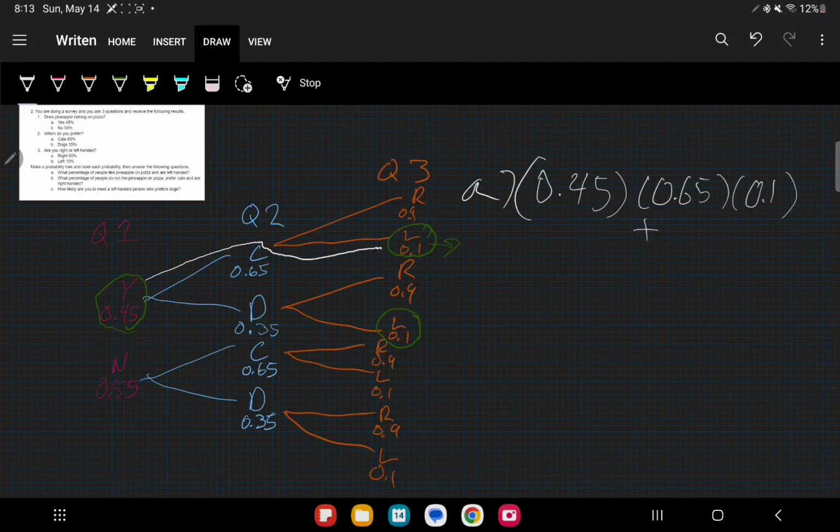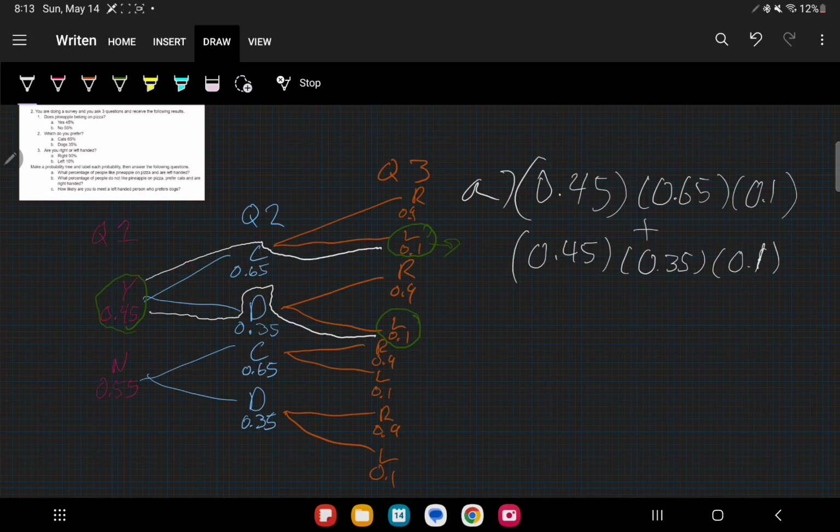Then I have to add to it the other one, the one that goes through the dogs and to the other left-handed. So I get 0.45 times 0.35 times 0.1. Let's check what those two probabilities are.